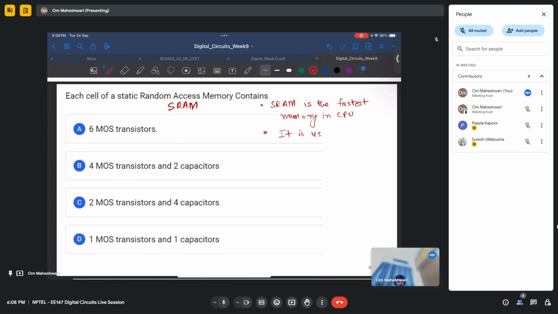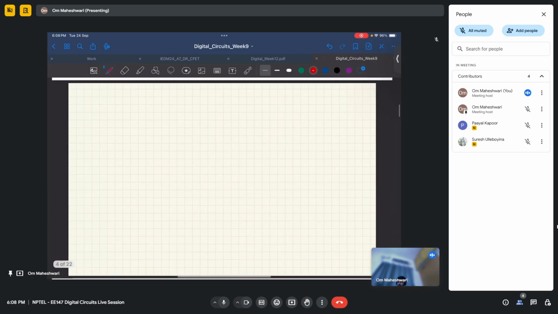It is used as cache, and it is volatile and it is made using CMOS inverters. So what it means is, how many transistors would an SRAM cell have?